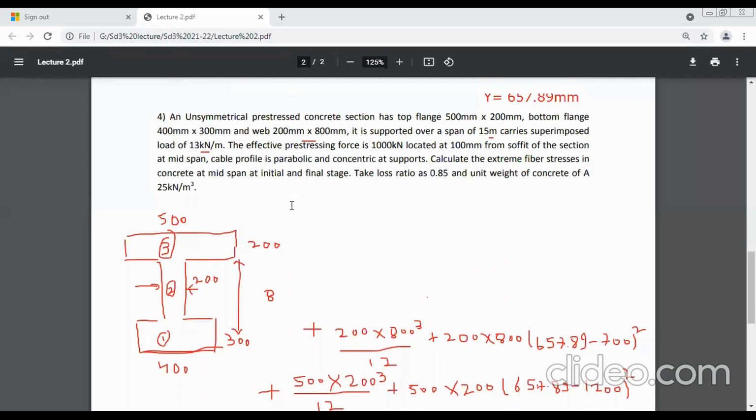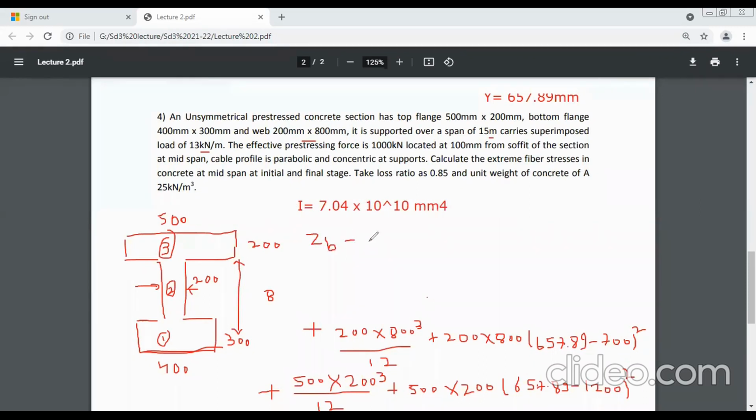We have calculated I is equal to 7.04 into 10 raised to 10 mm raised to 4. You got this. Okay. So now find out first of all Z bottom, or otherwise you can write ZB.